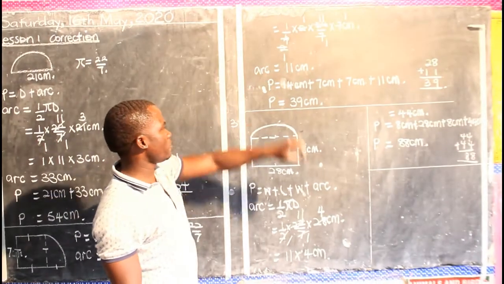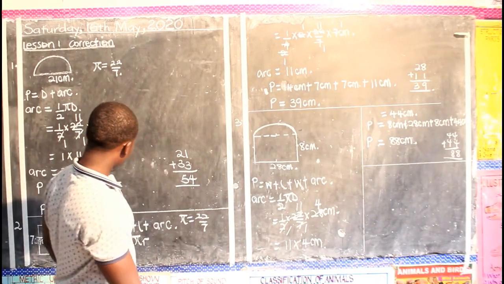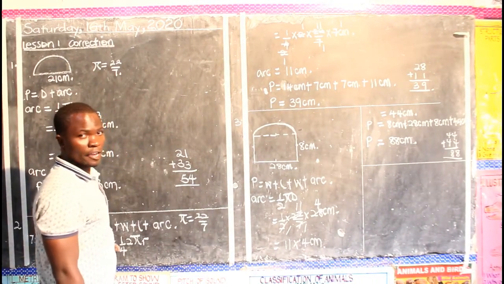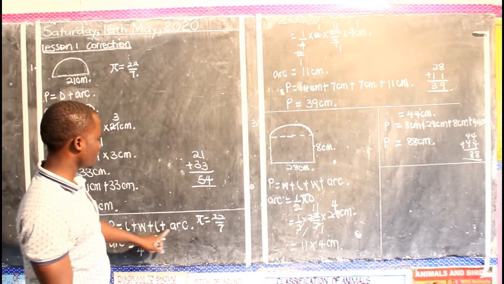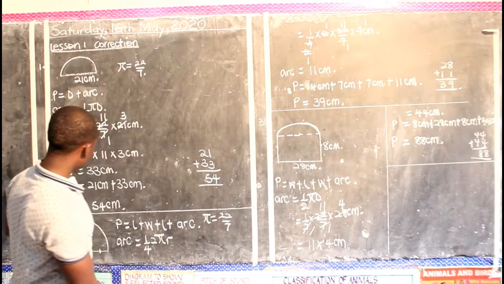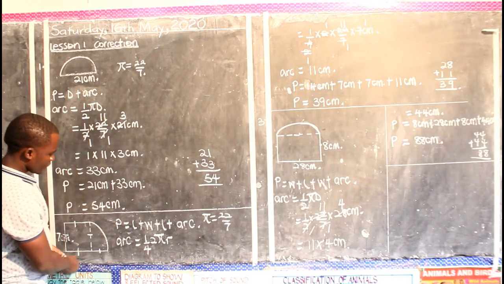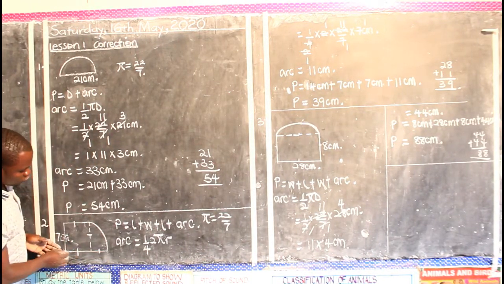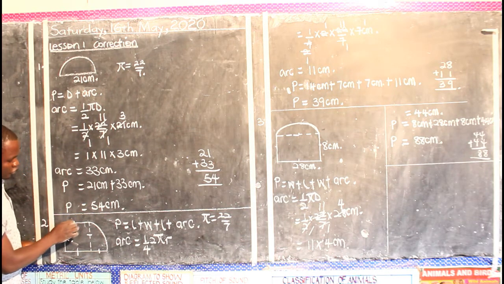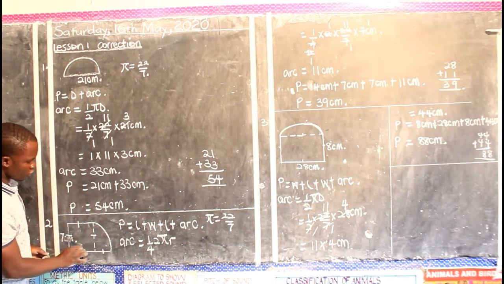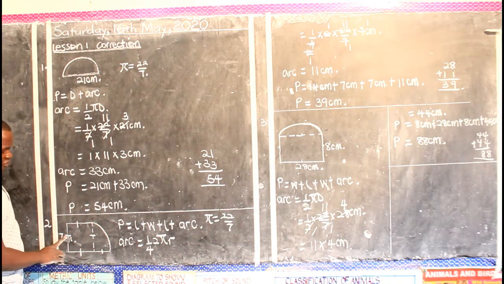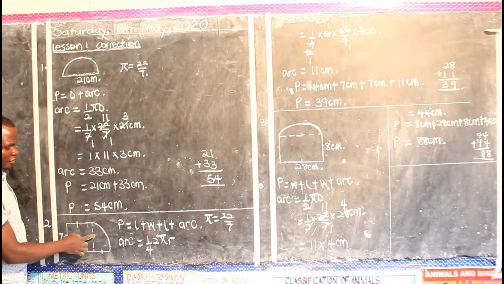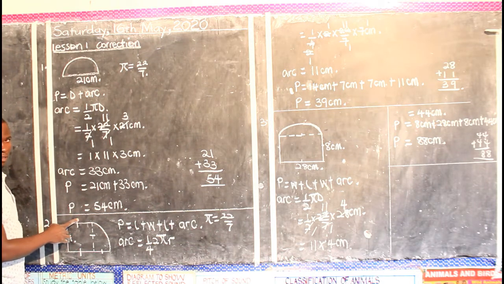So, let's get back to the formula for perimeter. Perimeter, we said, is equal to length plus width plus length plus arc. Now, if you look at this, these symbols show that these sides are equal. If this is 7, this will be 7, this is 7, and this is 7.